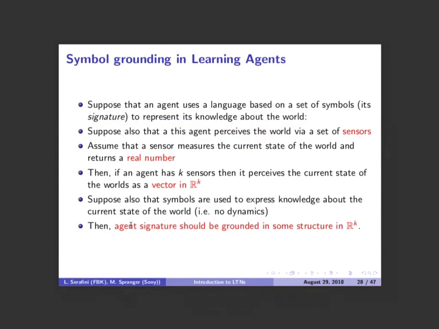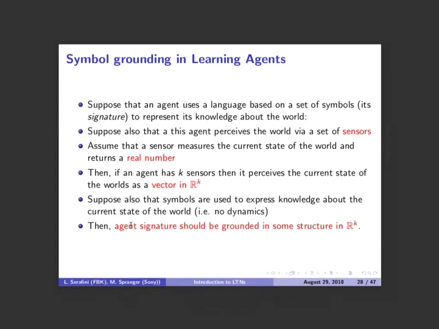So to make this a bit more precise, I really want to move into some examples. So now we're talking about an agent that has a set of symbols available to it describing knowledge and relationships between those. And it perceives the world via a set of sensors, and those are represented as real numbers.